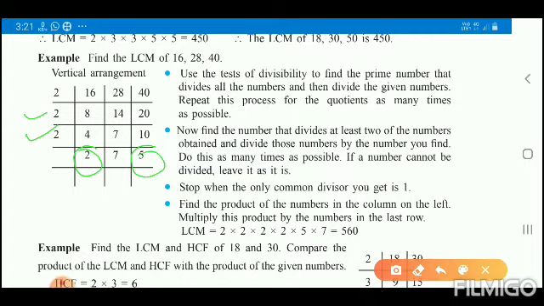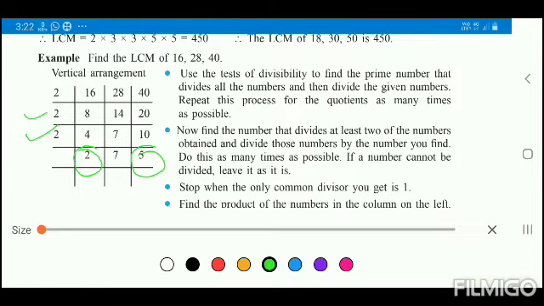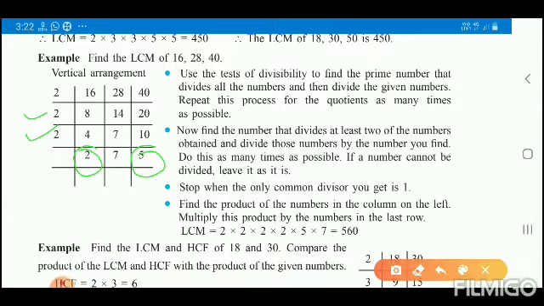If you see here, then 2 occurs maximum how many times? That you have to see. So this side 3 times and here 1 time. So 2 occurs maximum 4 times. 7 and 5, these two numbers occur maximum 1 time only.